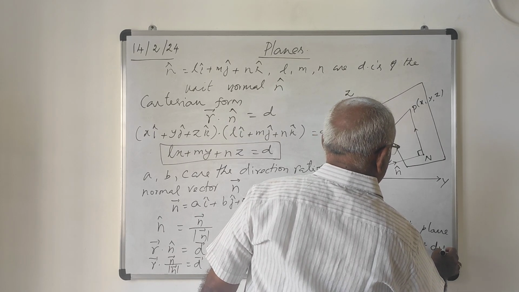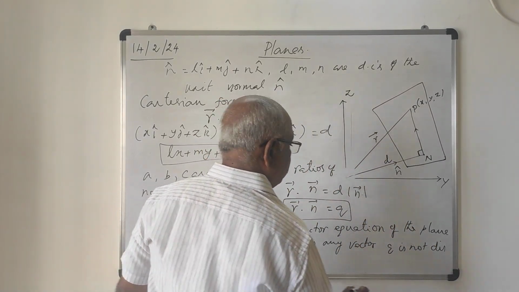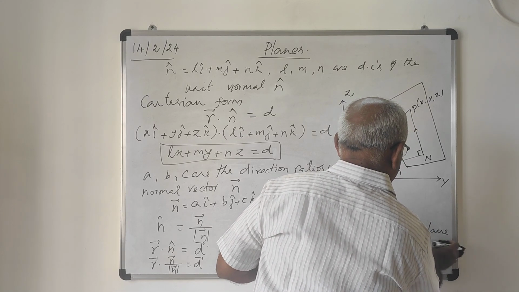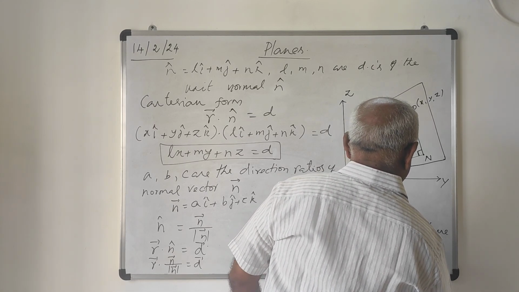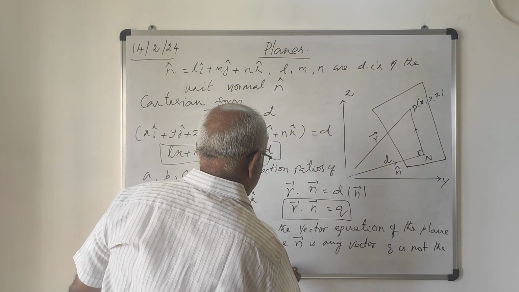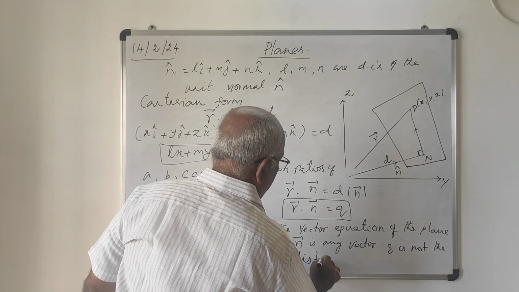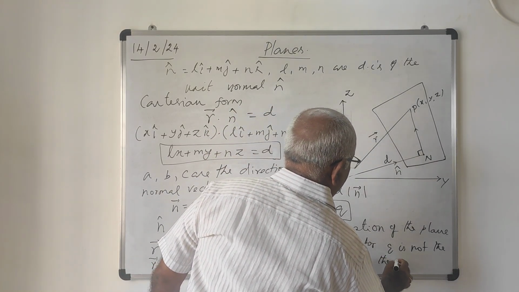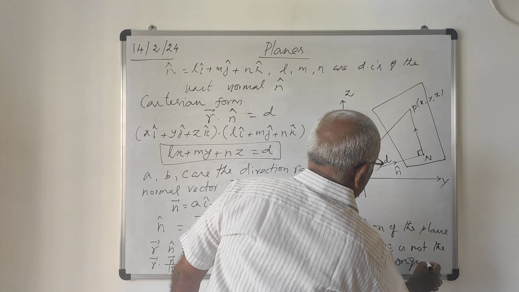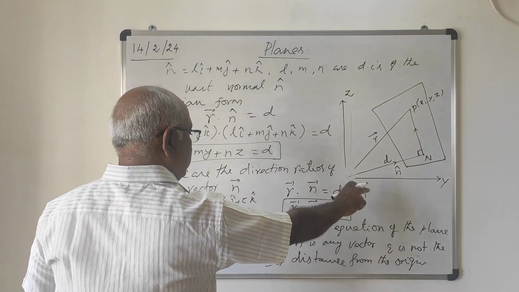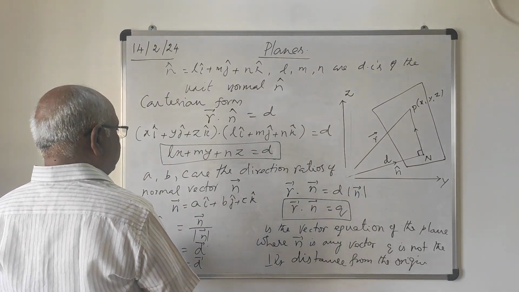To convert it into normal form, you divide both sides by mod n.